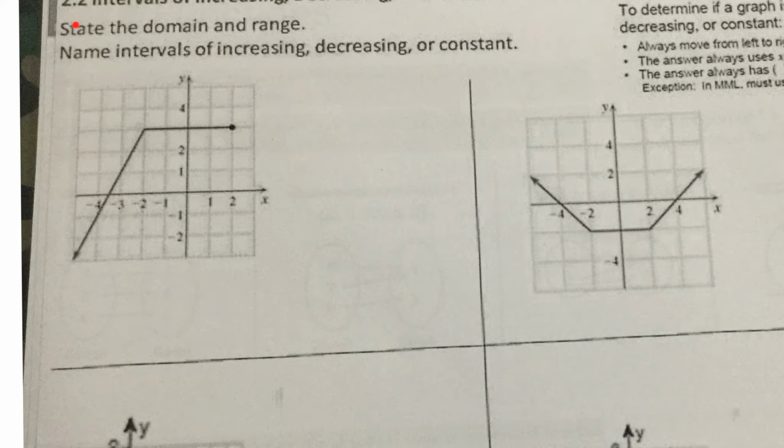Okay, so let's first look. It tells me to state the domain and the range. Okay, so that's what we're going to do first. The domain is just the set of all x values that are used. So when I look at this graph, I'm going to start looking on the very left-hand side. So I see there's an arrow on the left, which tells me this graph is going to the left forever. So the smallest x value that the graph takes on is negative infinity. It can't go any more left than it currently does.